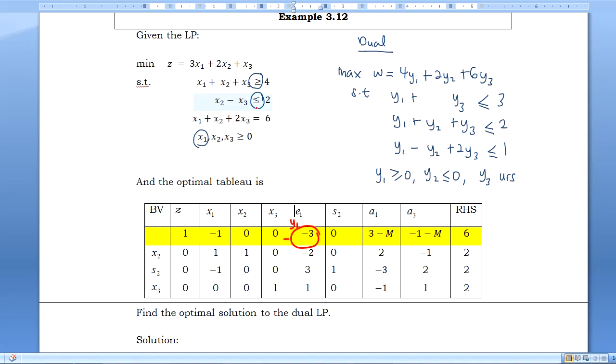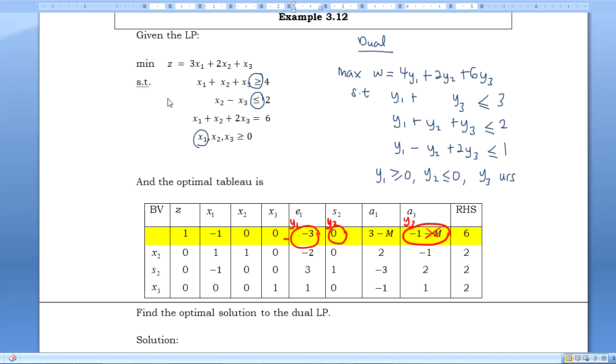The second constraint in the primal is less than or equal to. So we need to find the coefficient of S2 in the optimal row 0. So y2 is equal to 0. And y3 is the coefficient of A3 plus M. So this is y2 and this is y3.